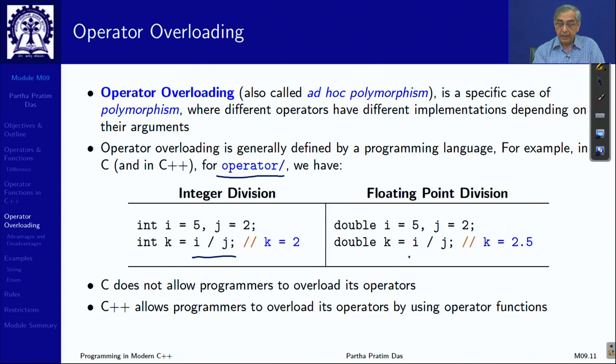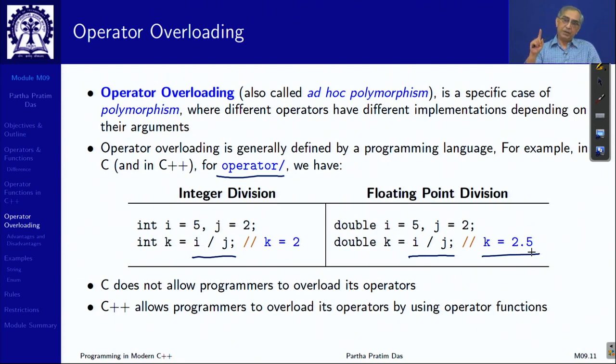Do the same with double types, the result is 2.5 because it is a floating point division. So, syntactically operator division looks the same but actually has different meanings for different types. But in C, this is only allowed for the predefined types you have.